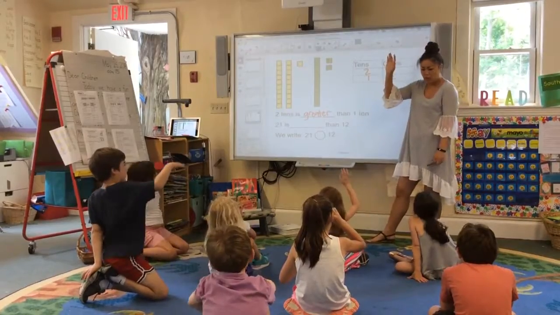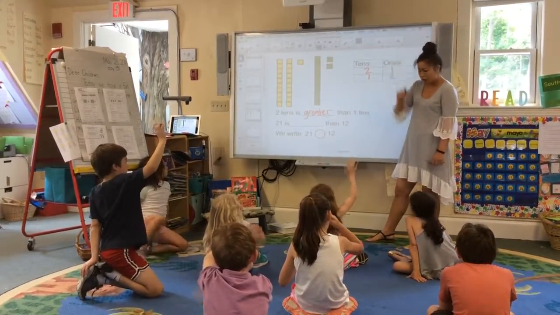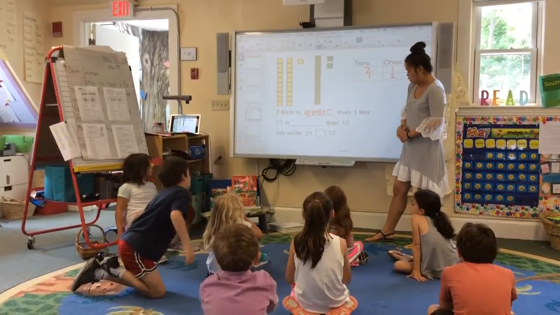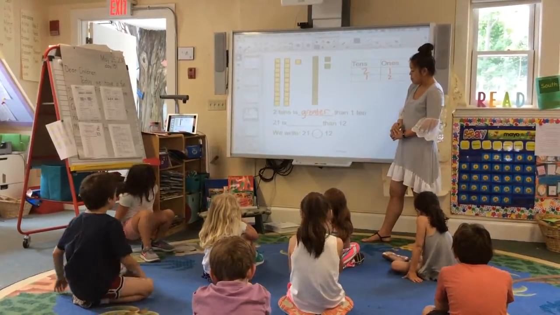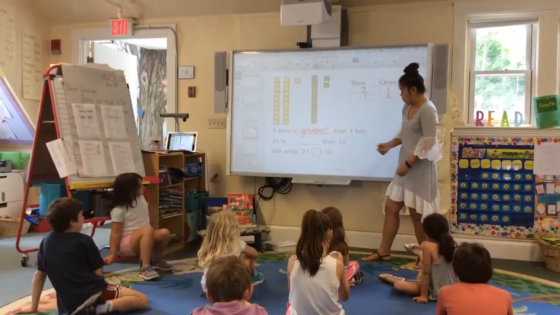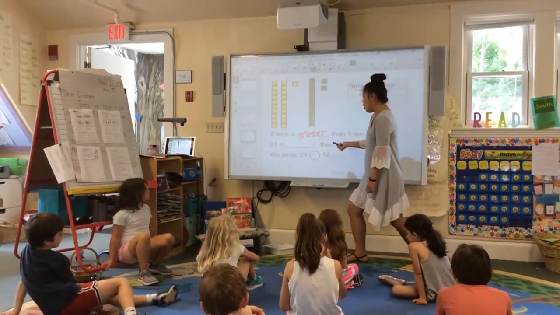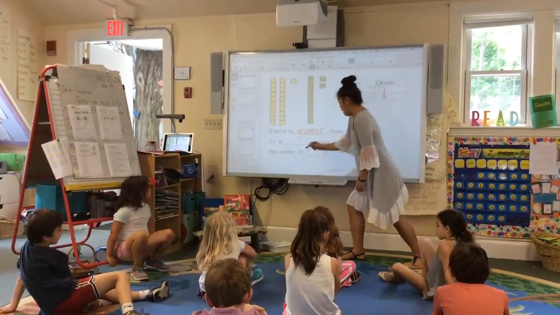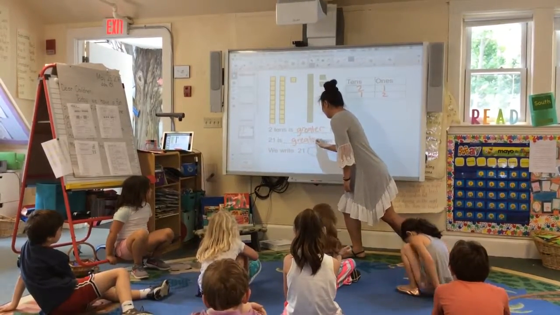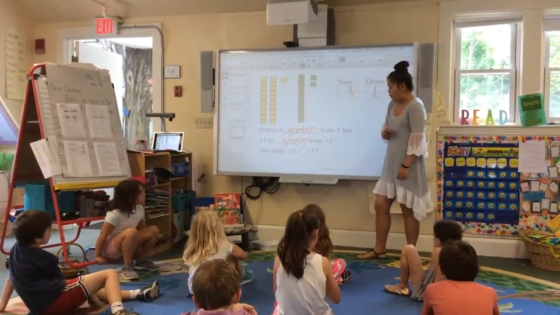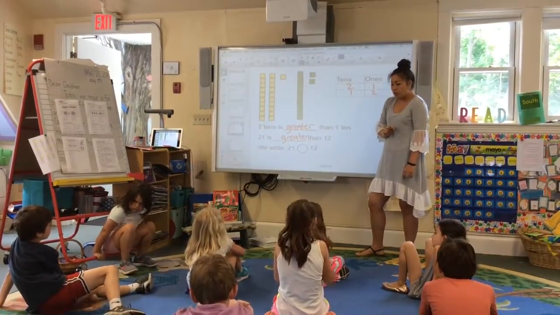Emma, what do you think? Because it says 2 tens is greater than 1 ten, and 21 has 2 tens and 1 ten. I agree. So we know that 21 is greater than 12.